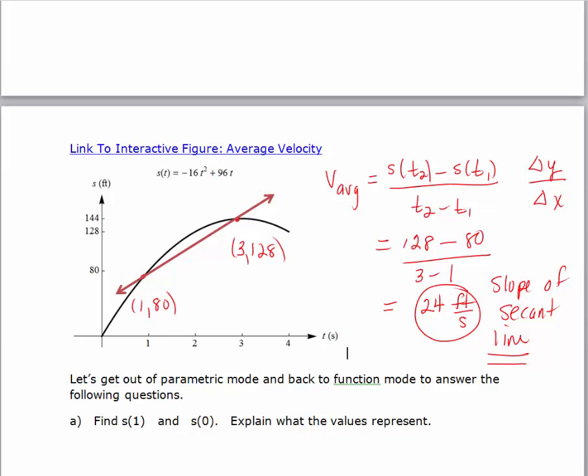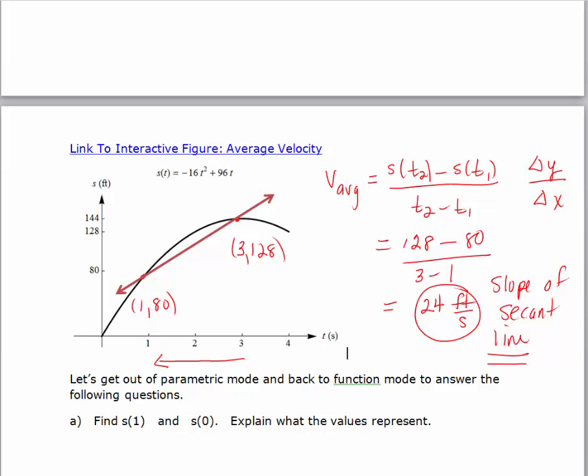And so when I start to let t2 approach t sub 1 and letting those increments get smaller and smaller, I am approaching another type of line, and that line is called the tangent line.